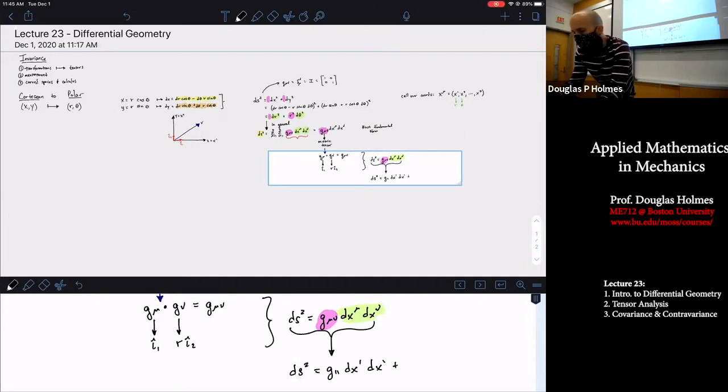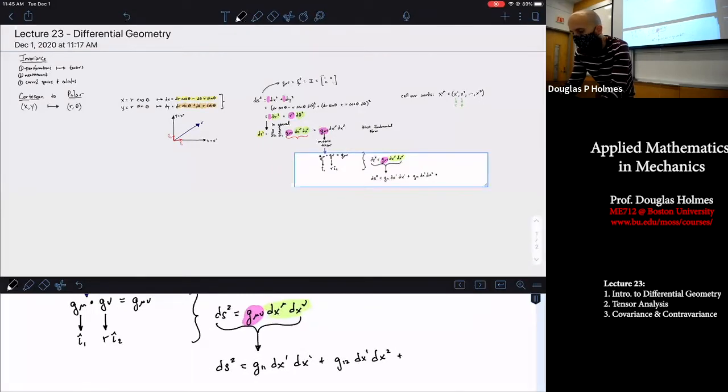Add to that my G12 times dx1 dx2. Add to that G21 times dx2 dx1. Add to that G22 dx2 dx2.